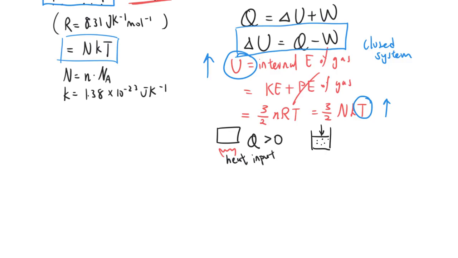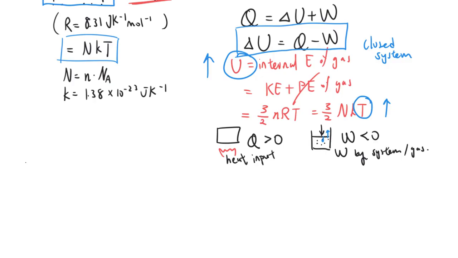And that basically means doing work on the system, or basically the work done by the system is negative. So basically the gas pushes against the force like this, but the actual displacement goes downwards. So this work here means work done by the system or by the gas.